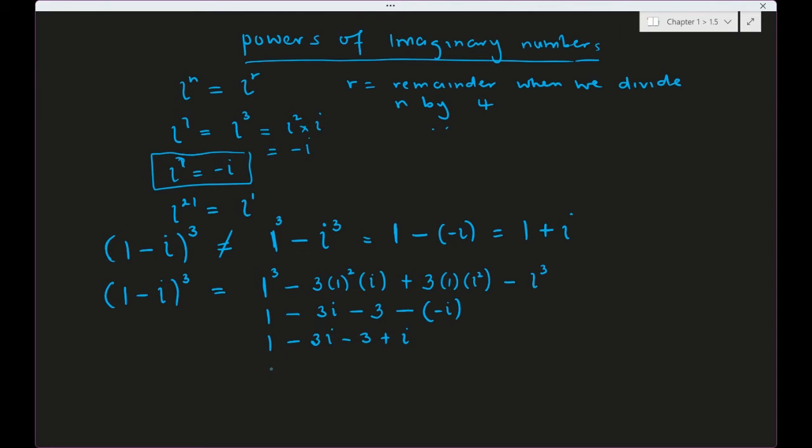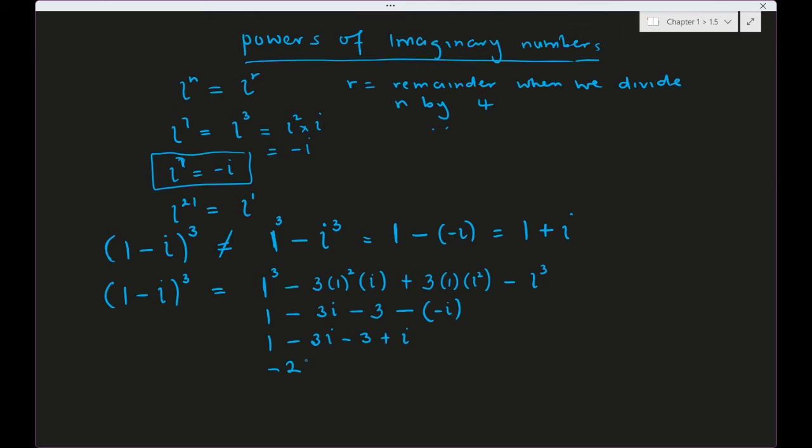So this is 1 minus 3, which will be minus 2. And you have minus 3i plus i, which will be minus 3i plus i.